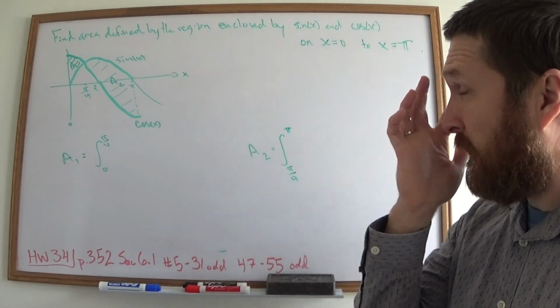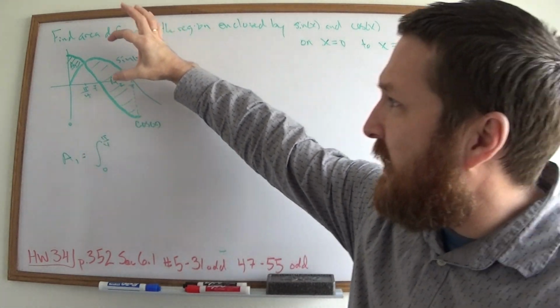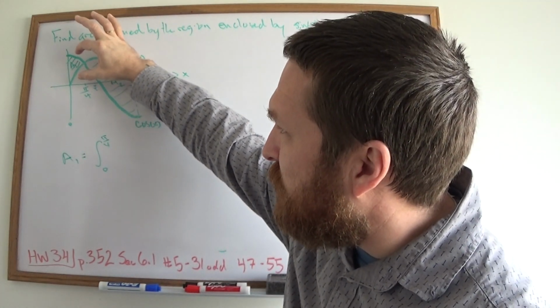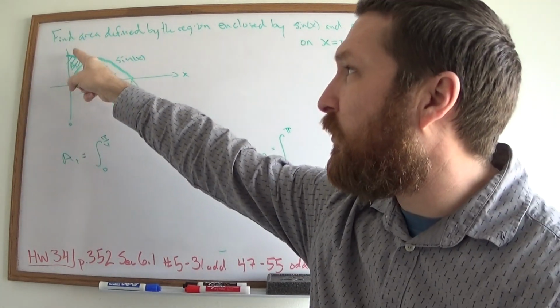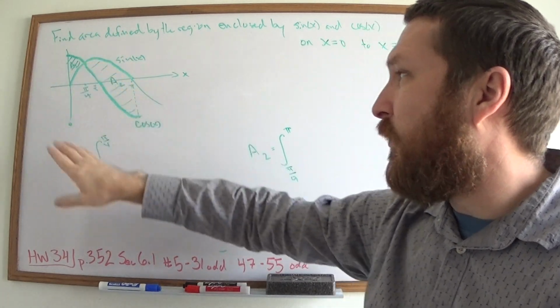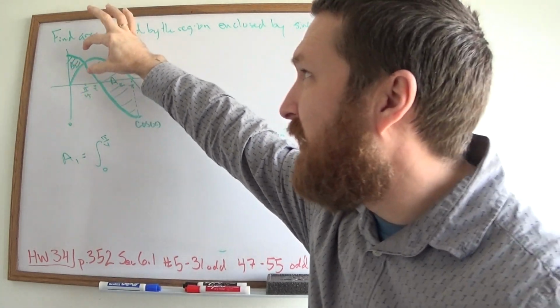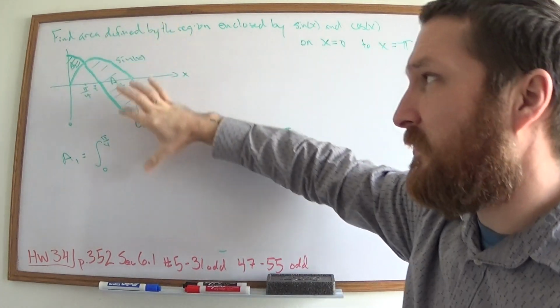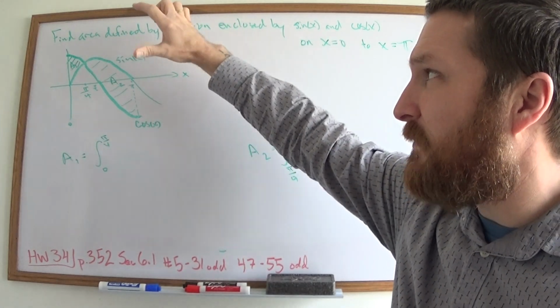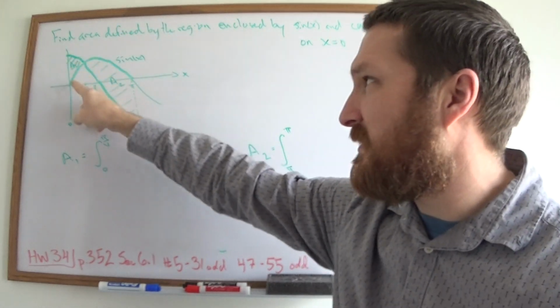That area is the difference between those two functions. As long as you write the bigger one first, minus the smaller one, it doesn't matter if they're positive or negative. If the bigger one's on top and the smaller one's on bottom, you go that one minus that one.